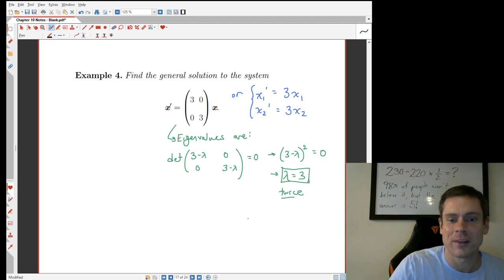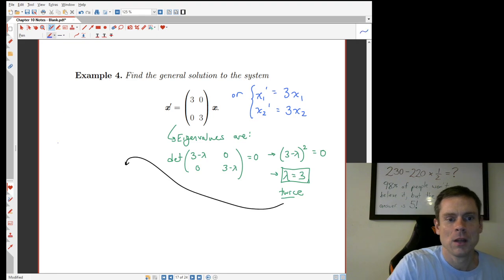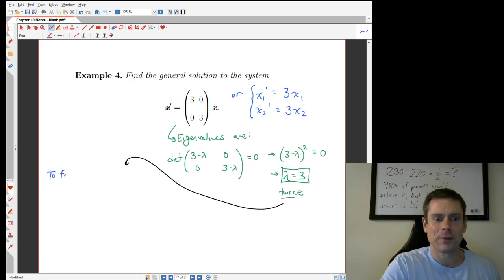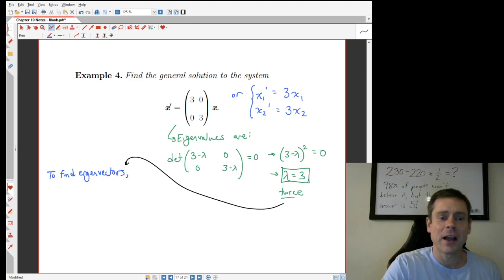I want you to look at what happens when I go and sub this in. So to find eigenvectors, we must solve the same thing, right? You need to solve A minus lambda I times v equals 0.